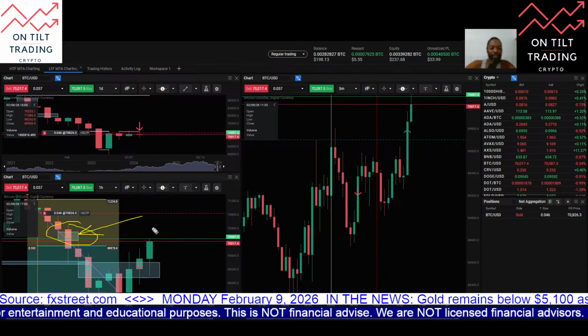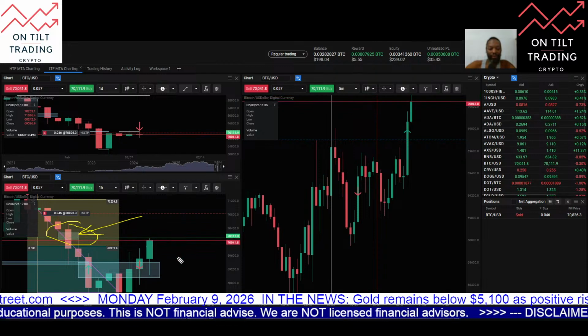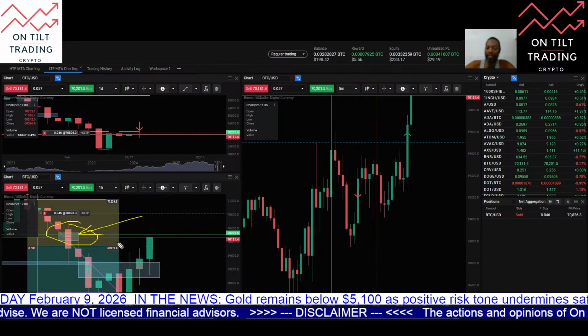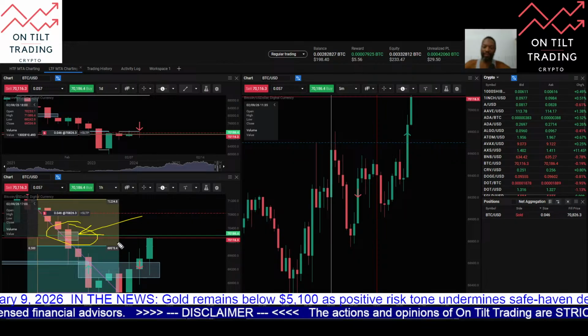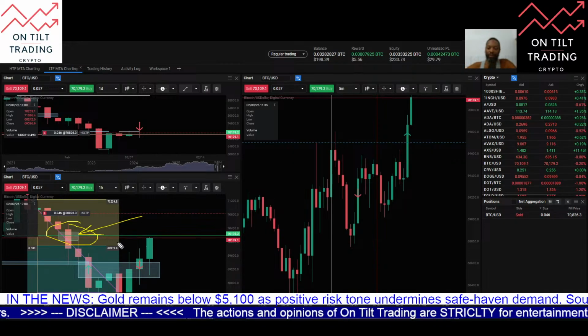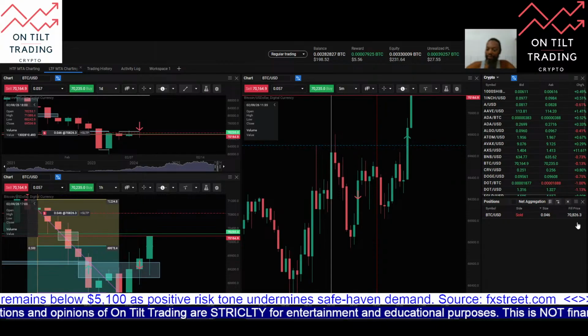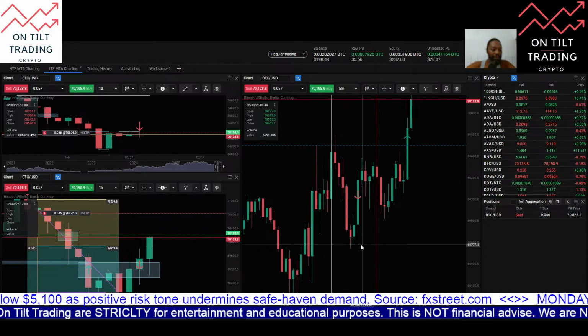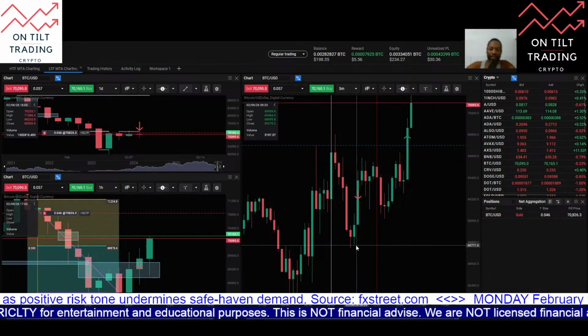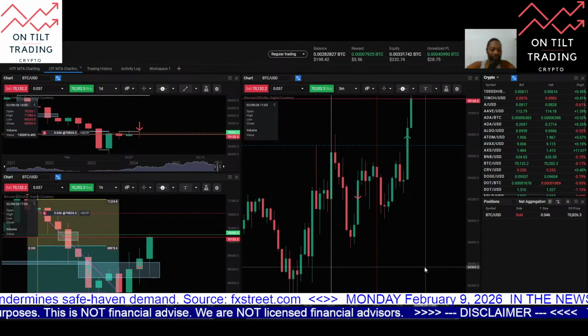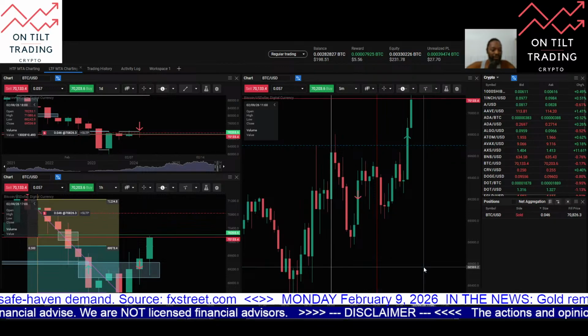So I'm going to adjust my trade parameters to ensure that I'm only entering positions where, if I'm in a sell, I'm in premium. If I'm in a buy, I'm in discount. So I'll make that adjustment so that I am reducing the amount of errors that I'm making on these trades.